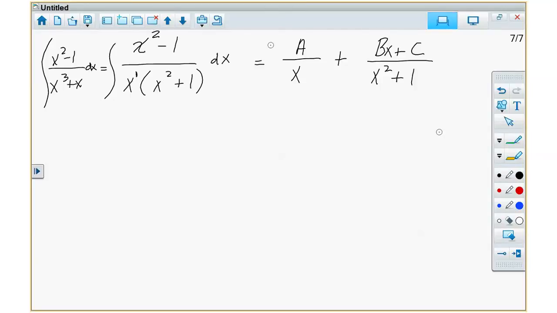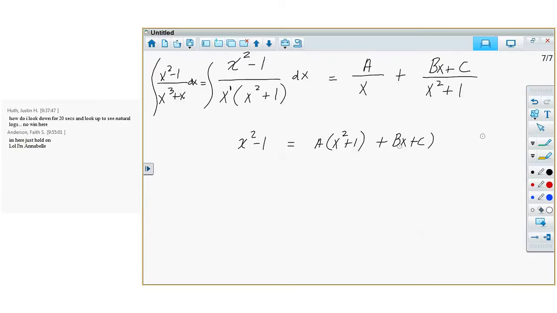So, what do you do? You get x squared minus 1 is equal to a times what? Now what? Well, you could try, you can say x is equal to 0.